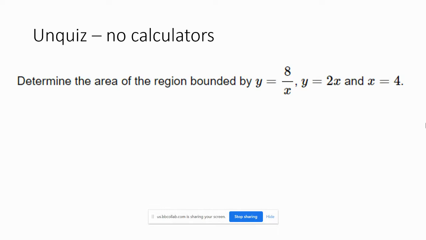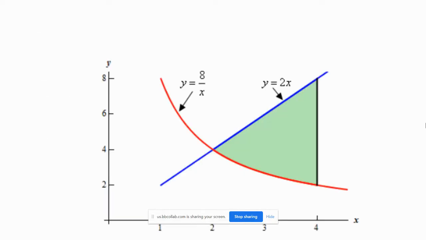Okay, so here we go. First thing that we're going to do is we need to graph these functions. So this is the graph of y equal 8 over x. And this is the graph of y equal 2x. Now again, we're sketching these graphs. And this vertical line is the graph of x equal 4. So when I think about that, then clearly what the problem is asking us to do is to find this green area.